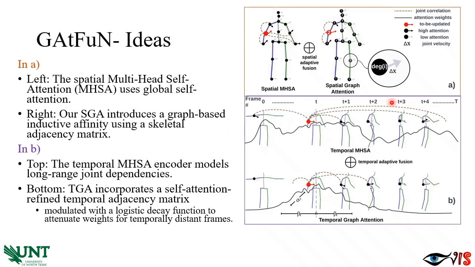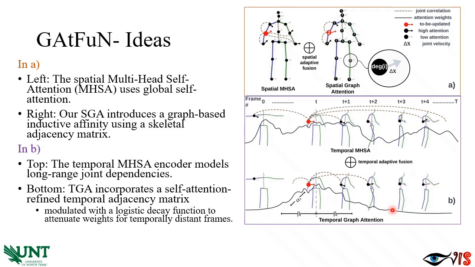In this picture, on the top left, the spatial multi-head self-attention uses global self-attention to learn the global spatial weight, and on the top right, our spatial graph attention introduces a graph-based inductive affinity using a skeletal adjacency matrix.